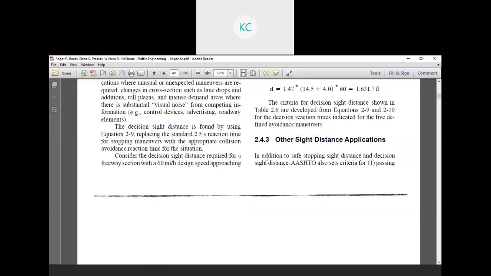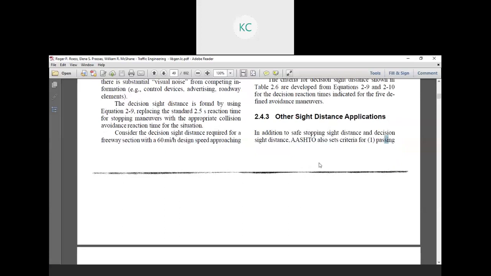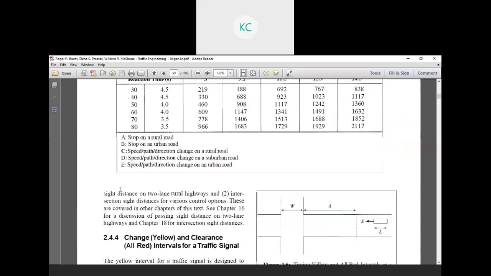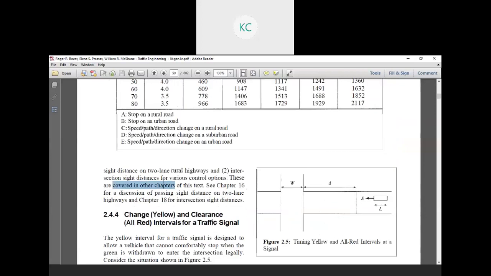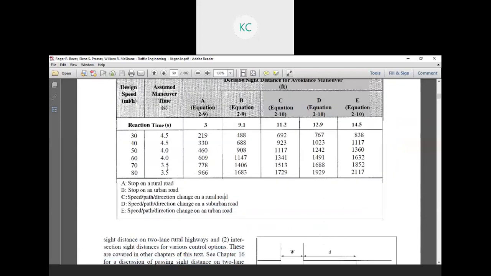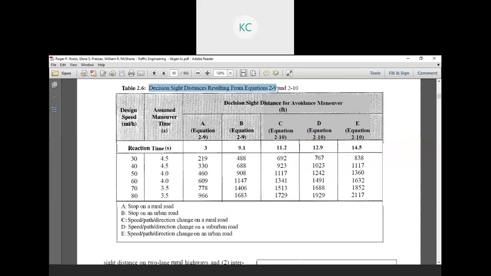Other sight distance applications: in addition to safe stopping sight distance and decision sight distance, AASHTO also sets criteria for passing sight distance on two-lane rural highways and intersection sight distance for the various control options. So decision sight distance values are available for reaction times, design speeds, and the different equations that give the distance.